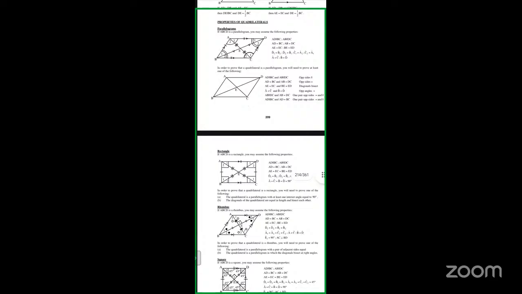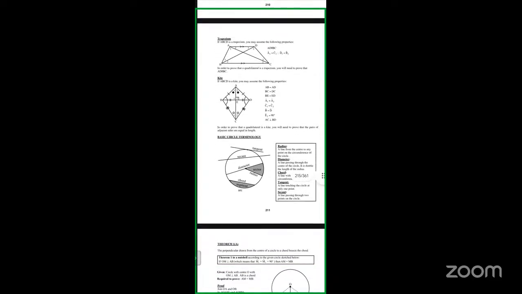You need to know the properties of the rectangle, properties of the rhombus, properties of the trapezium, properties of the kite, because we are going to use that a lot. Then now we need also to know how to master the parts of the circle.